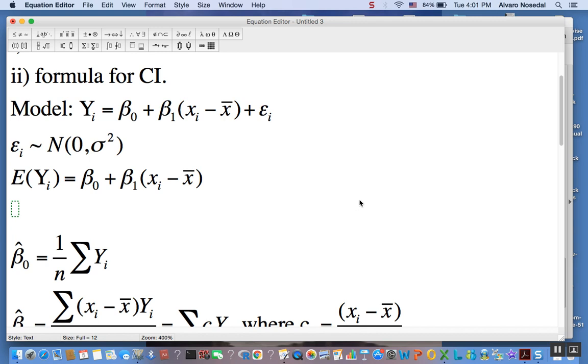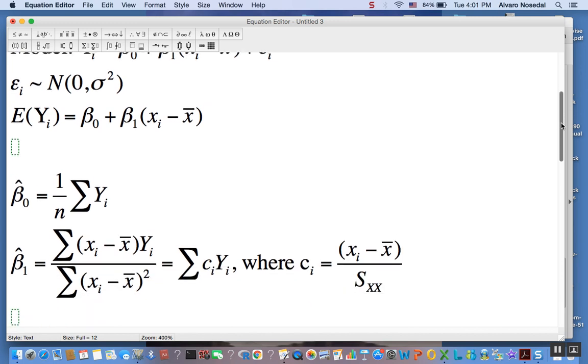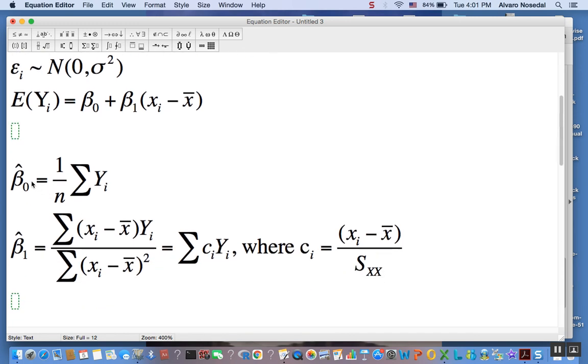Because if you are considering the centered model, then these are your estimators for beta hat 0 and beta hat 1. And you can show, remember it was one of our homework problems, if you compute the covariance between these guys, the covariance is 0.